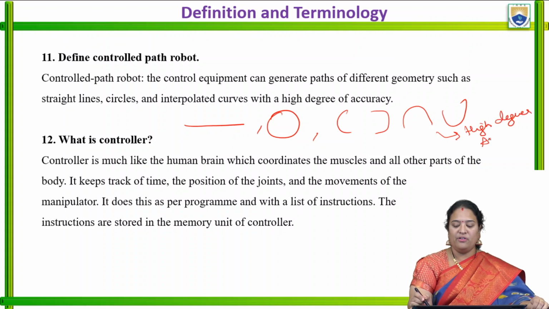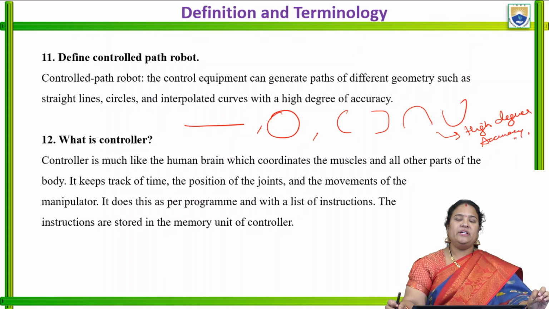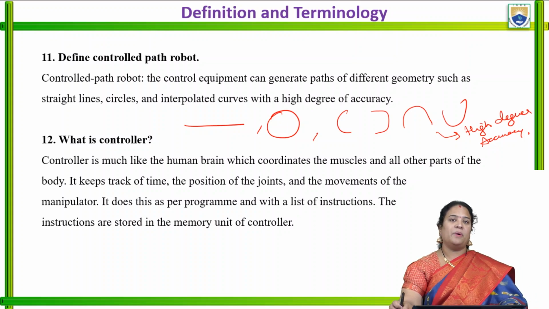Any robot which has a high degree of accuracy and can control the equipment geometry such as straight lines, circles or interpolated curves is called a controlled path robot.